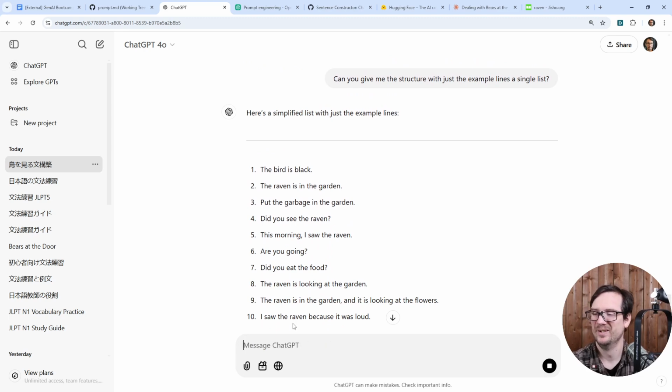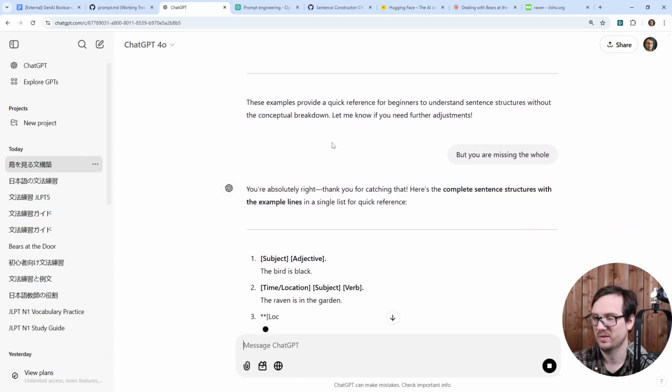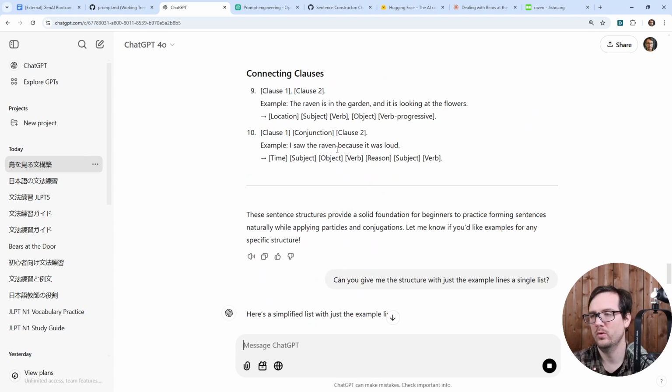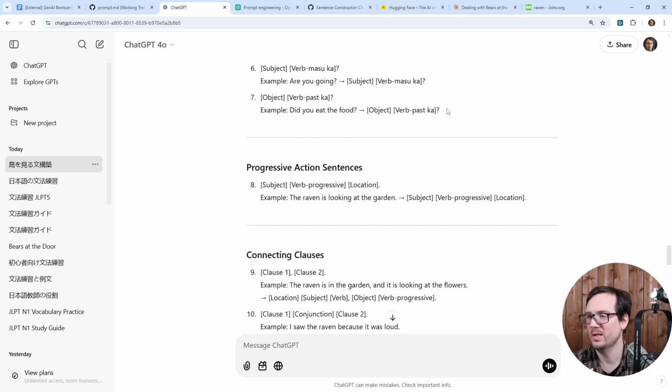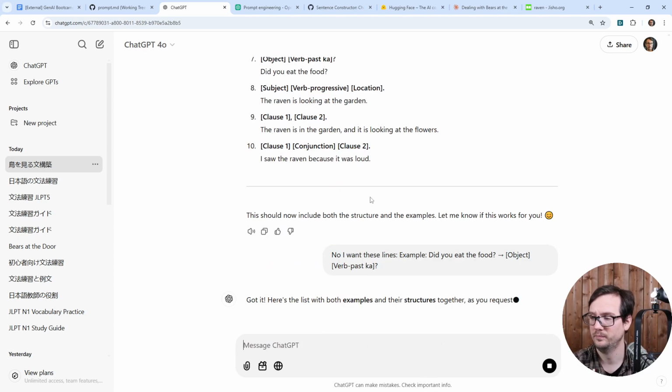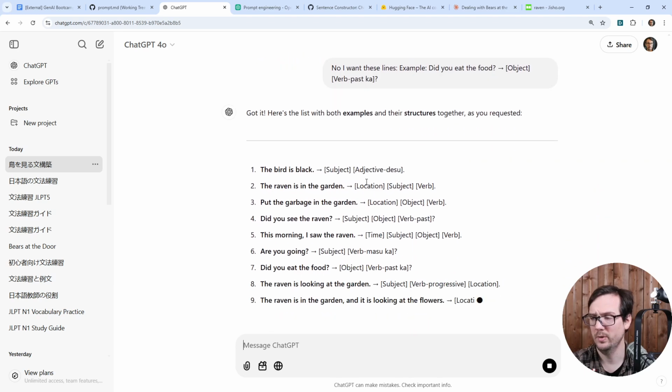Like, okay, so I didn't fully understand what I meant. No, that's not what I want. Okay, I want these lines. No, I want the lines, want these lines. Okay, so we'll go ahead and do that. There we go. Okay.